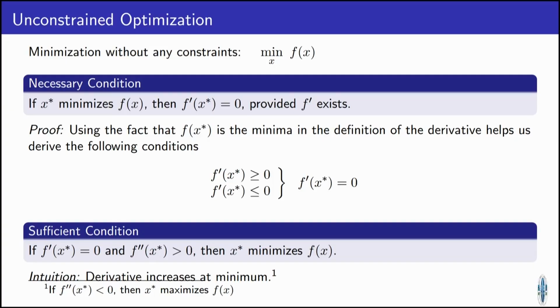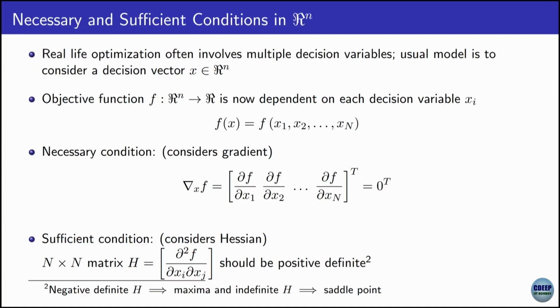All right. When we talk of the conditions here, we were still dealing with scalar optimization. When you go to n dimensions, the same optimality conditions translate to conditions on the gradient and conditions on the Hessian.